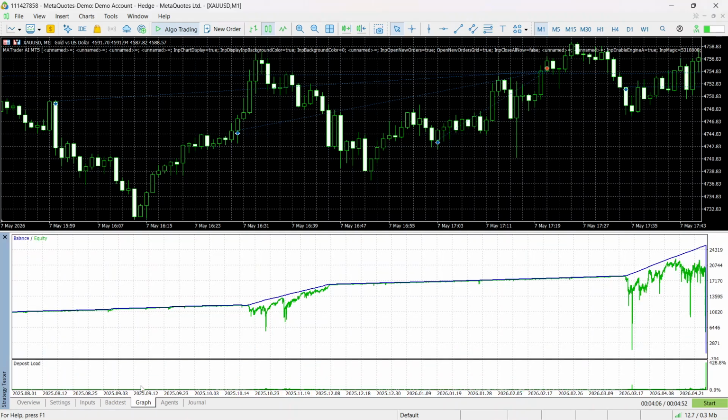And let's go over to the curve, and then I'll tell you what I think about this EA. The equity curve started with a slow climb. You can see if we use this baseline over here, slowly climbing up over time.